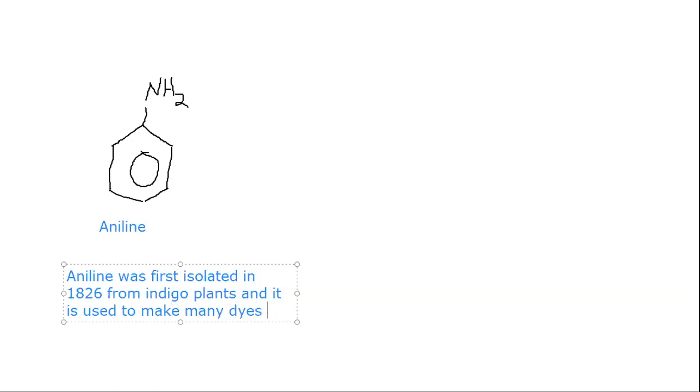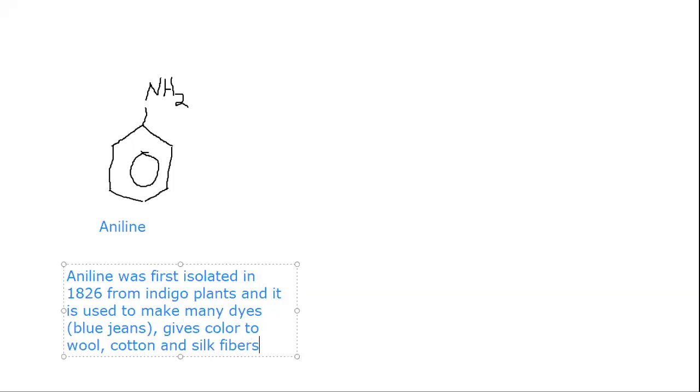You guys see blue color jeans? That blue color is coming from aniline. It gives that color. It gives color to wool, cotton, and silk fibers.